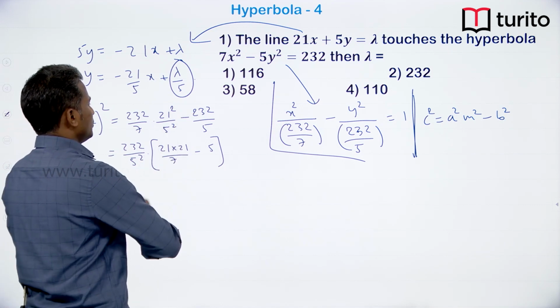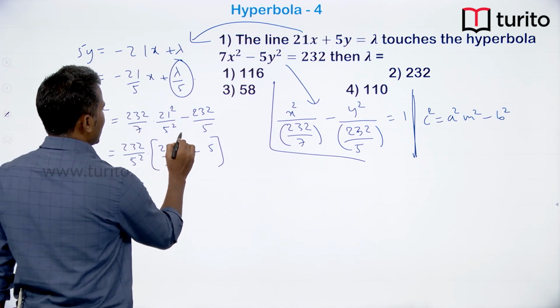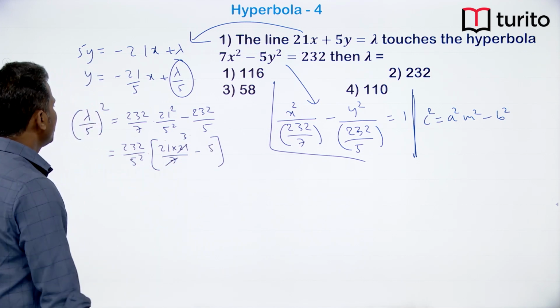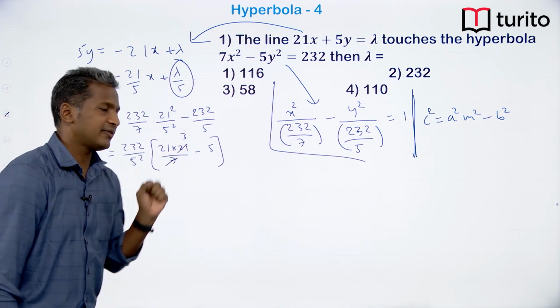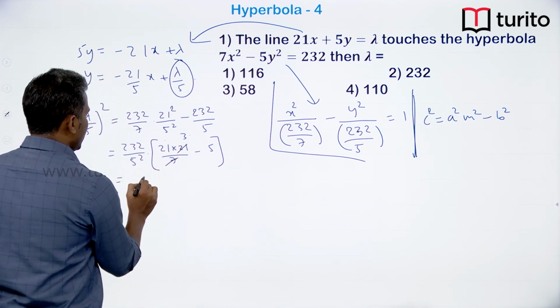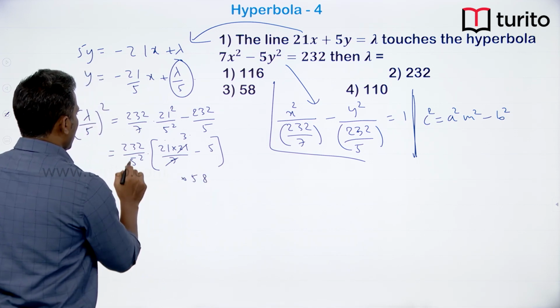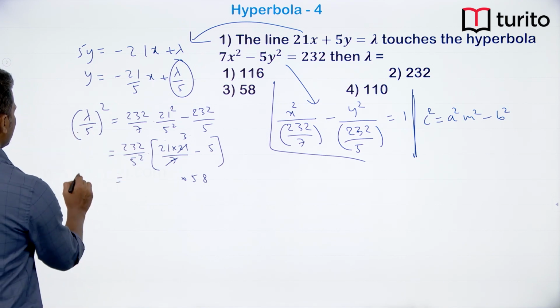Okay. So, now further how do we simplify this? 7 can get cancelled here, 21 into 3 minus 5, 21 into 3 is going to be 63 minus 5 is going to be 58, and here we are getting 58, and here there is a 5 square. So, 5 square can get cancelled with this.